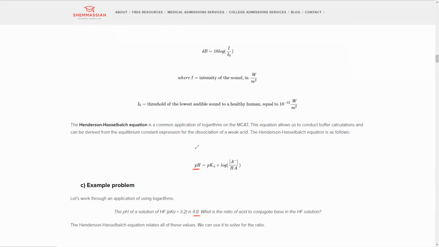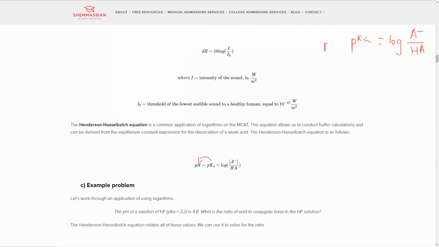First things first, let's get what we want on one side. I'm going to subtract pKa from both sides and get it over here. So we're going to have pH minus pKa equal to log A minus over HA.